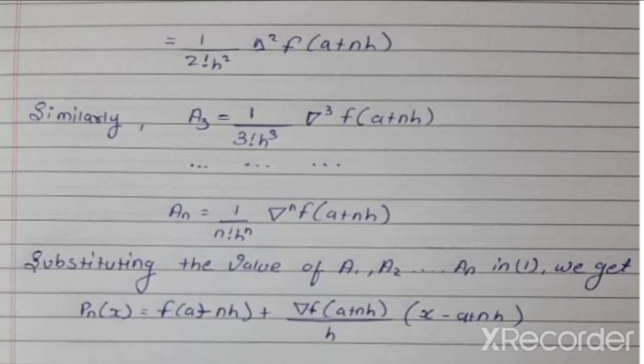Similarly, a3 equals 1 by 3 factorial h cube delta cube f of a plus nh. Similarly, an equals 1 upon n factorial h to the n delta n f of a plus nh.